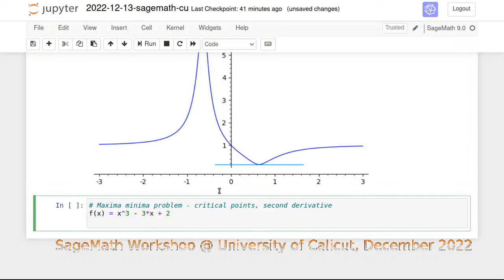To see if it has some minimum or maximum within some finite range, we can try to plot it. Plot f, say in the range minus 10 to 10 to get a large picture.